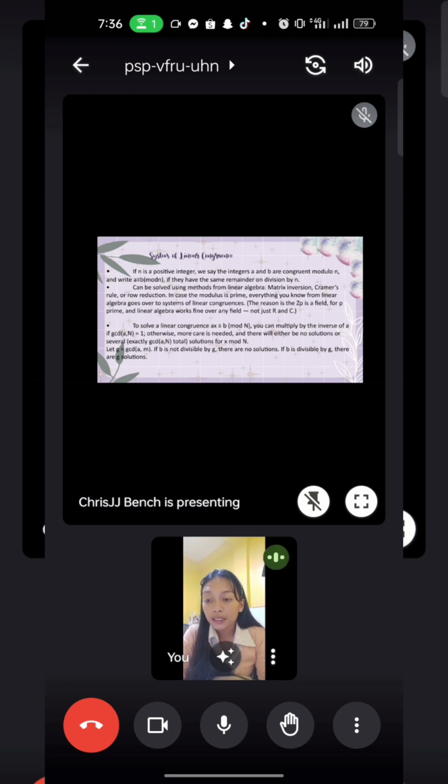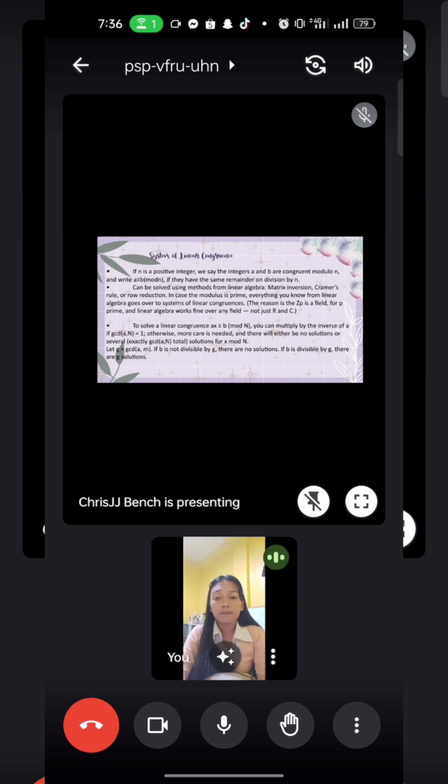Systems of linear congruence can be solved using methods from linear algebra, which are matrix inversion, Cramer's rule, or row reduction. In case the modulus is prime, everything you know from linear algebra goes over to systems of linear congruences.